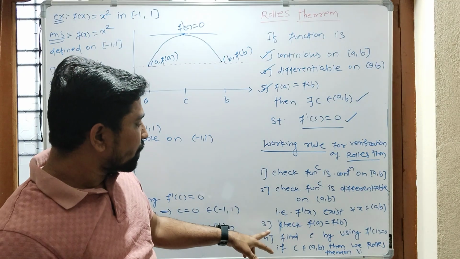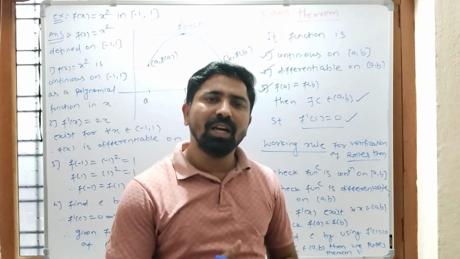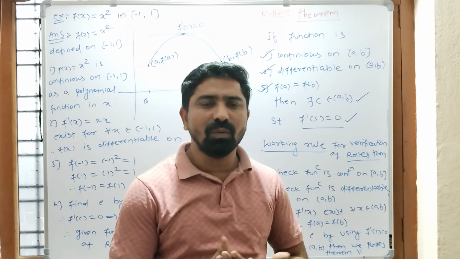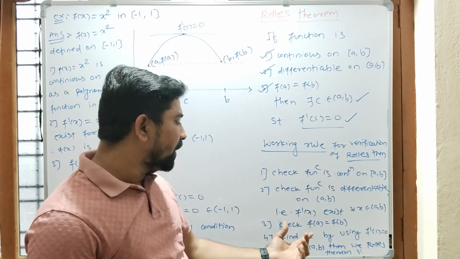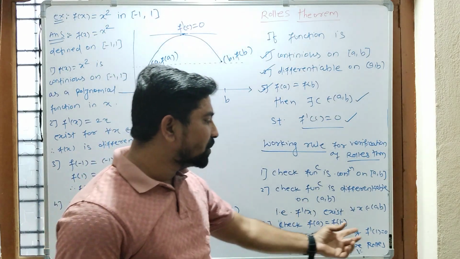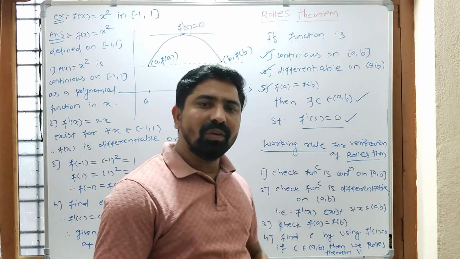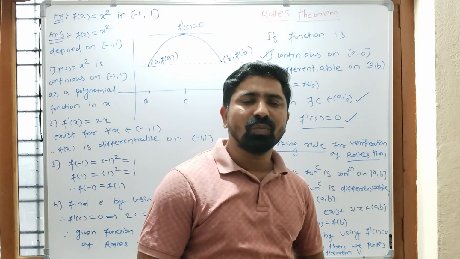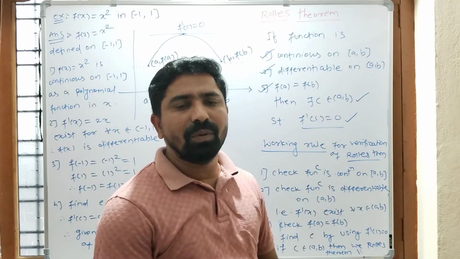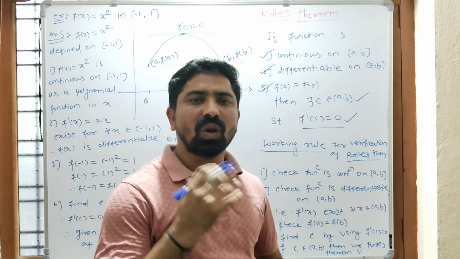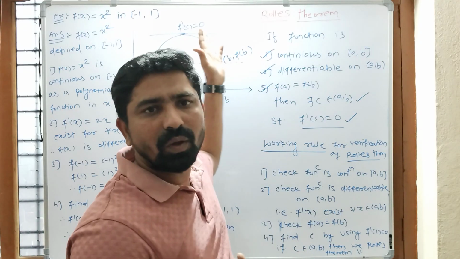After that, check whether the functional value at endpoint A is the same as the functional value at endpoint B. If f of A equal to f of B, then find the value of C by using f dash of C equal to 0. If C belongs to this open interval AB, then we can say Rolle's theorem is verified. If C does not belong to the open interval AB, then we can say Rolle's theorem is not applicable for this example.